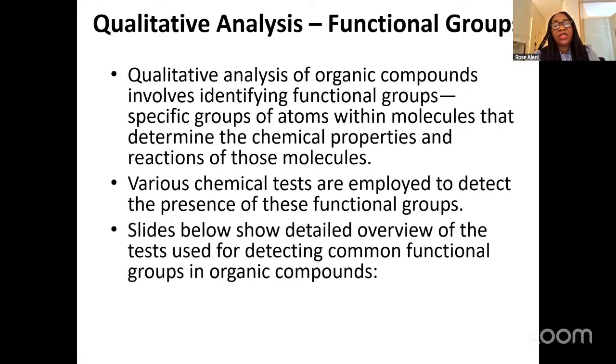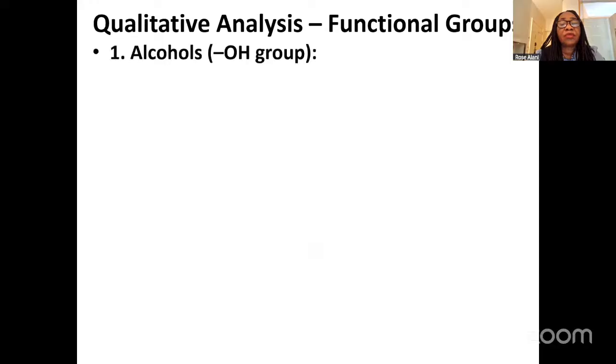So various chemical tests are employed to detect the presence of these functional groups. I'll show you some slides below, the different tests that we can use to identify different functional groups in organic compounds.